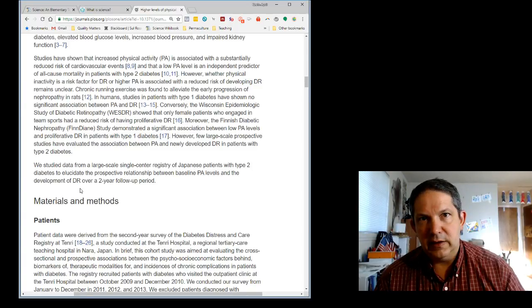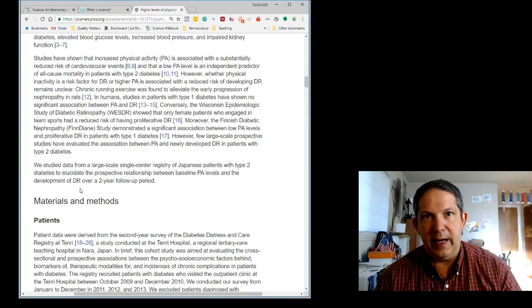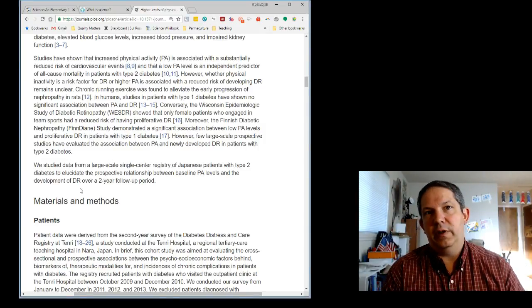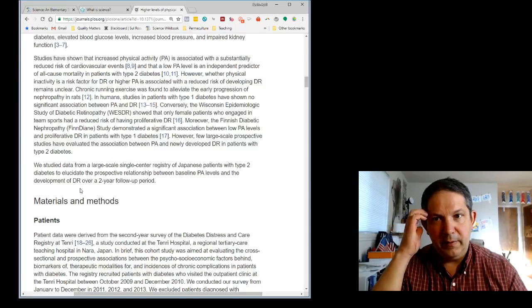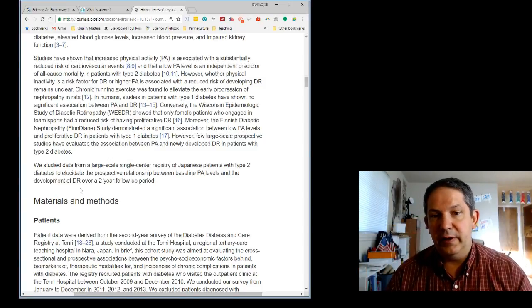And they're saying this is a question worth asking because there isn't a big study looking directly at this yet. So people have looked at physical activity with other aspects of diabetes, which they talked about a little bit, but they haven't looked specifically at this.